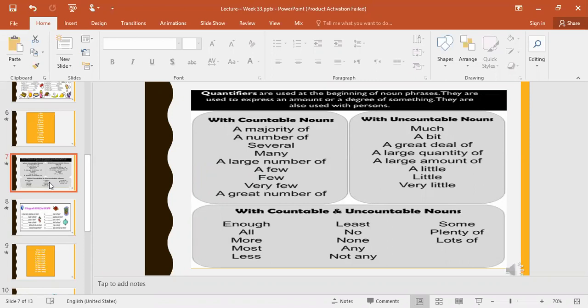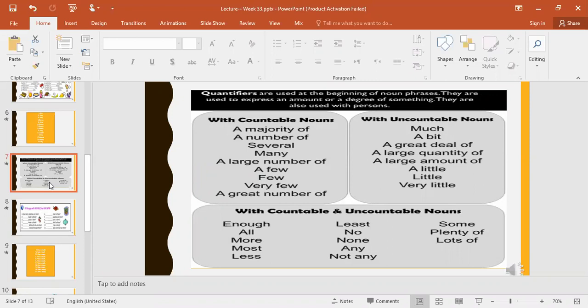The quantifiers used with the uncountable nouns, here it's somehow different. Let's see why. Because with uncountable nouns, you cannot know the exact number of something, but you can use this quantifier. Like much, a great deal of, a large quantity of rice is being distributed to the poor.